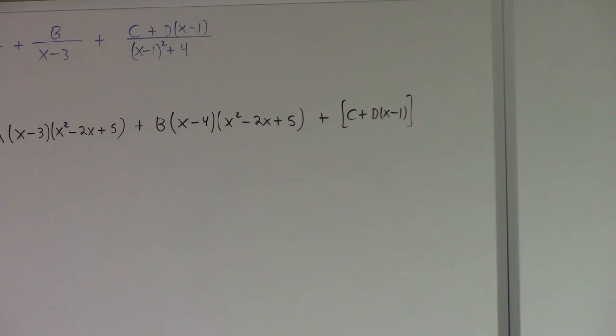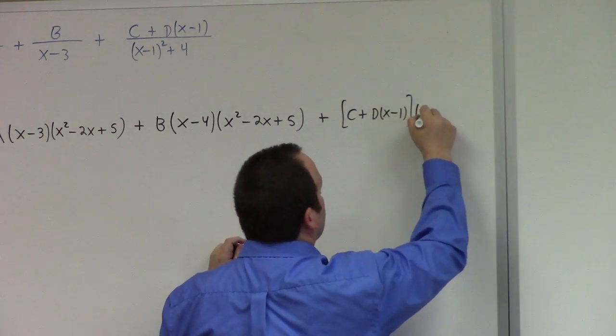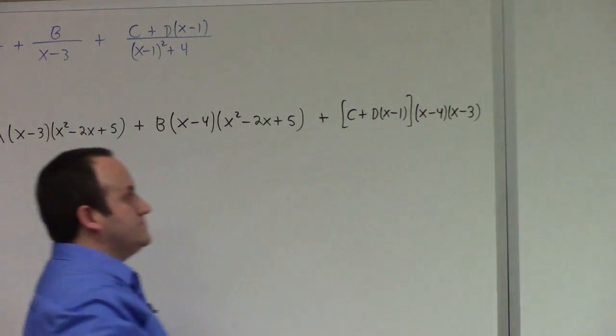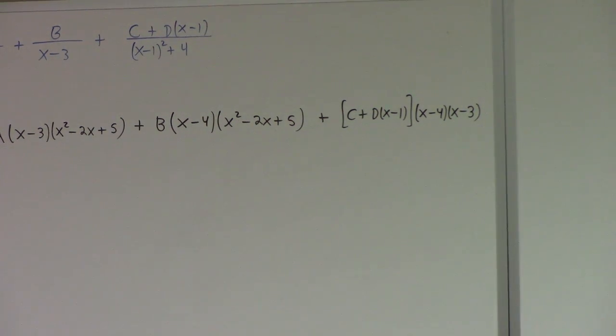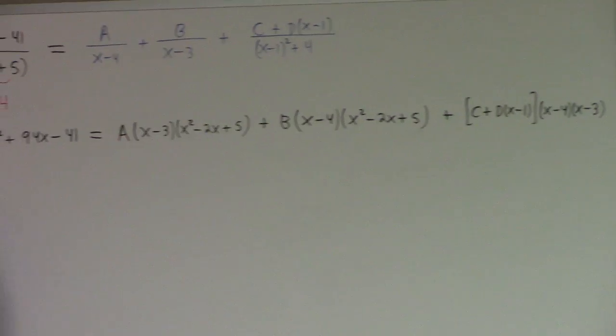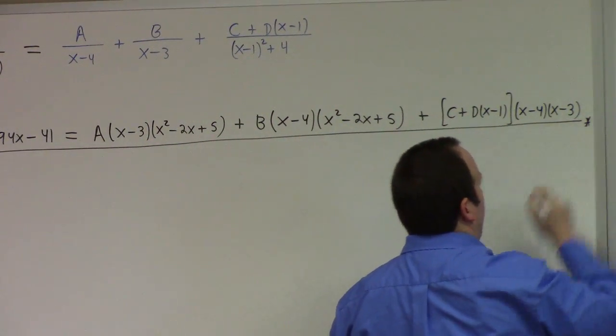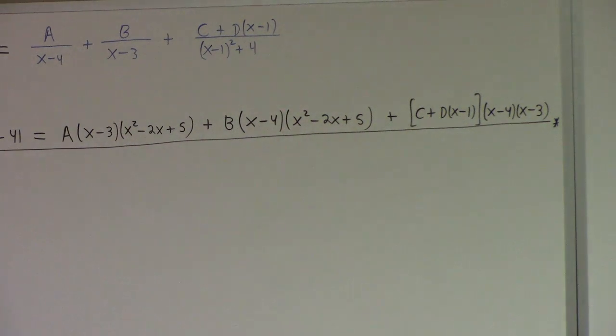And we are just left with x minus 4 and x minus 3 here. Let me call this monstrosity star. Okay?